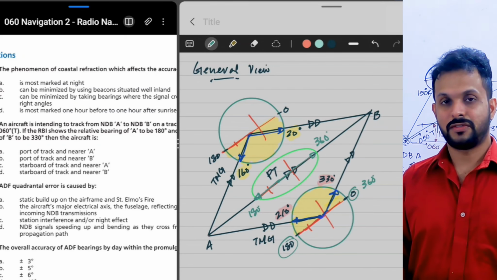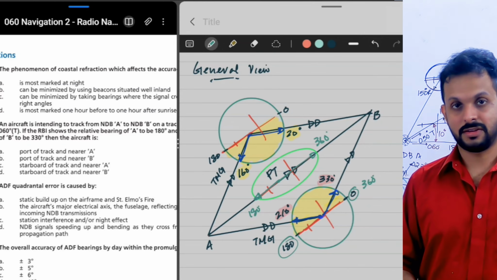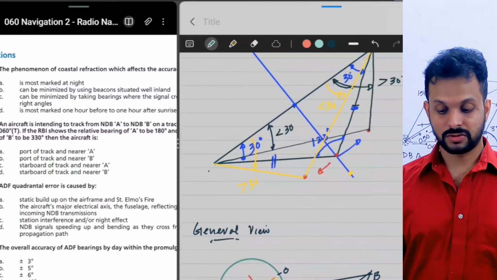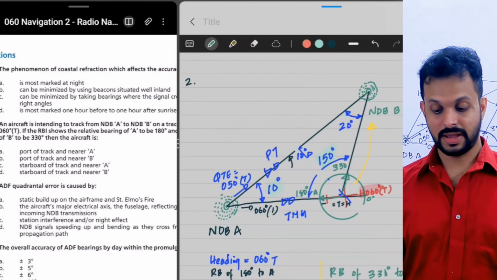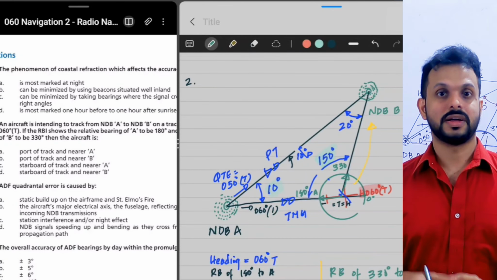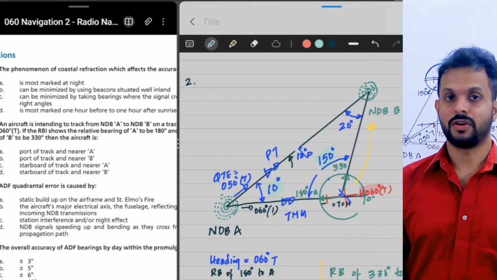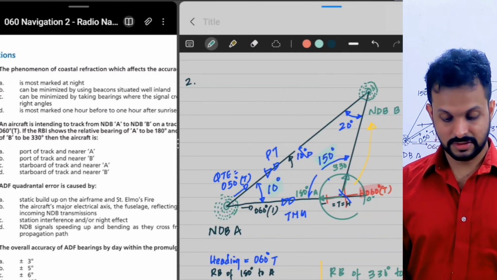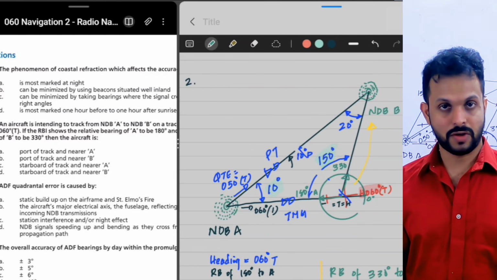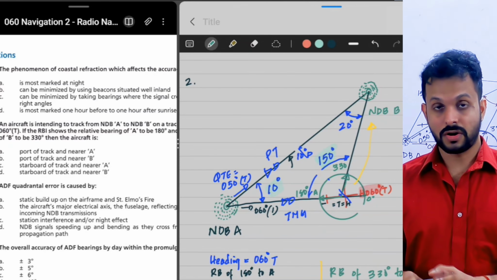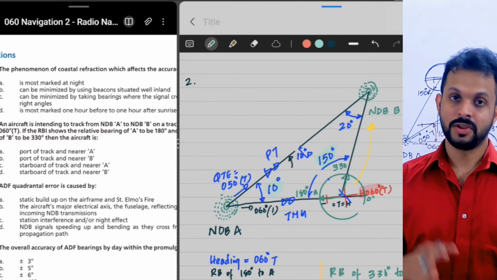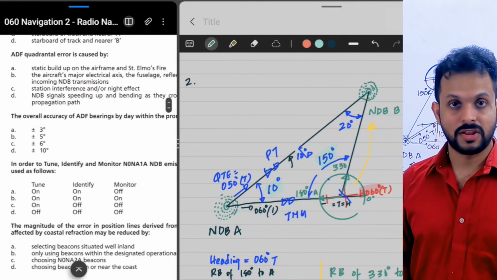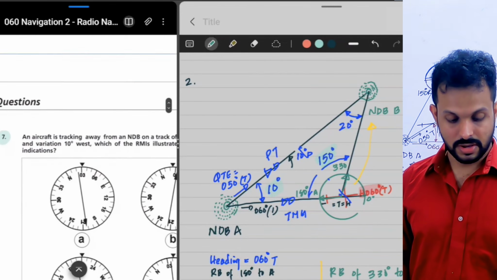General view is an easy technique to find out the answer from the question. I would ask you to do exactly in the way we explained the first part of it, because that is the more conceptual way of understanding the question. So basically the aircraft in this particular question is on the right side of the track, closer to B, and I hope you understood how we found out whether it is closer to A or B.